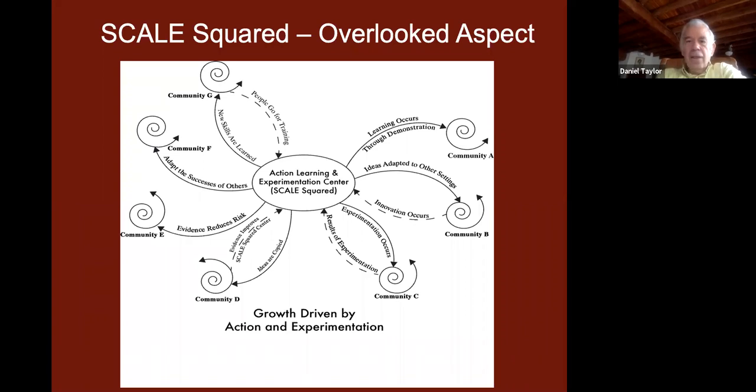Okay? You can see the revolution of rising aspirations in all these little curves all over the screen. Community A, community B, community C. Each one of those communities is now doing the empowerment function.